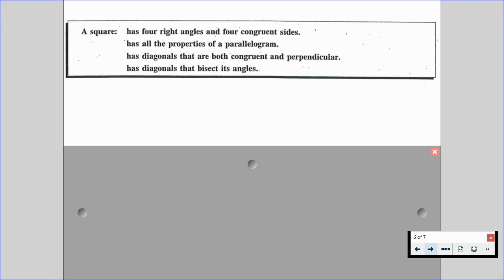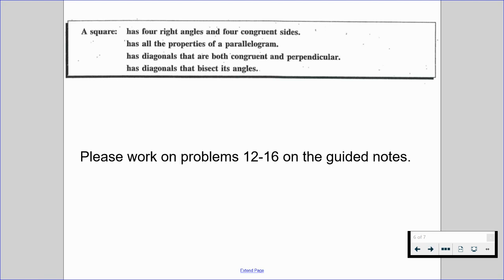So essentially a square is properties of a rectangle and properties of a rhombus brought together. So again, a square can be a rectangle, a square can be a rhombus, but it does not work the other way around. A rectangle is not always a square, and a rhombus is not always a square either. With this in mind, please work on problems 12 through 16 on the guided notes and resume when you're ready to move forward.